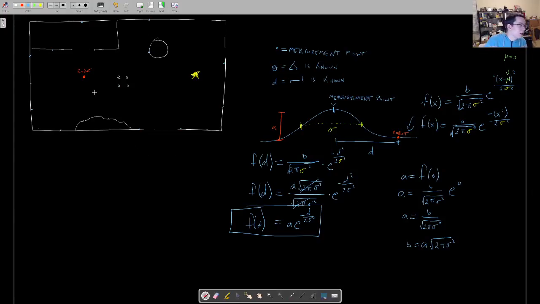So if this guy is number 1 and the robot's facing this way, hang on, that's not pretty. Let's make it look a little nicer. If the robot is facing this way, and this guy is pointing that way, that actually wouldn't be number 1. For convenience, we wouldn't make that 1.